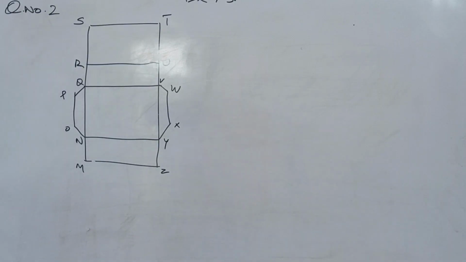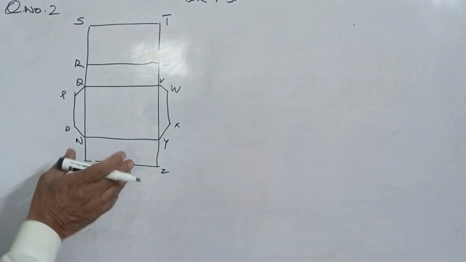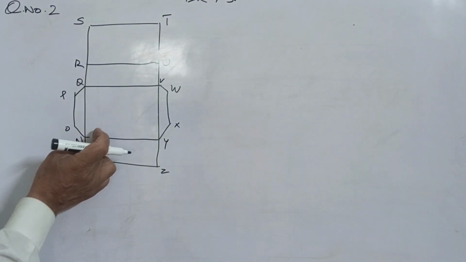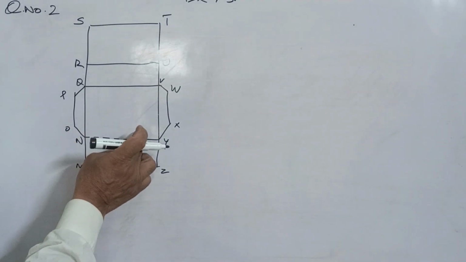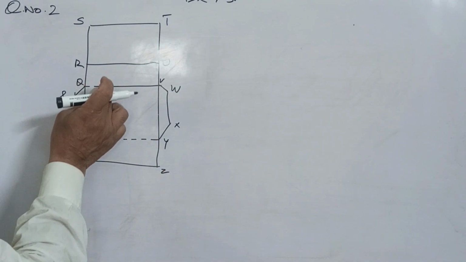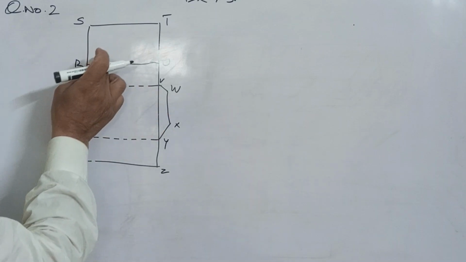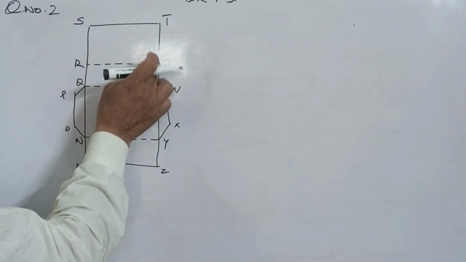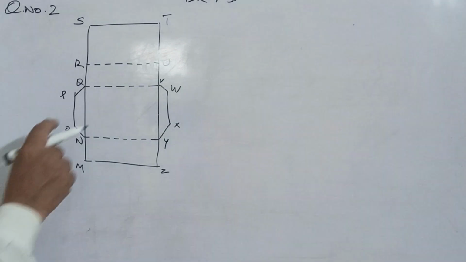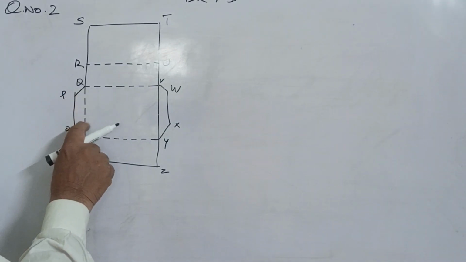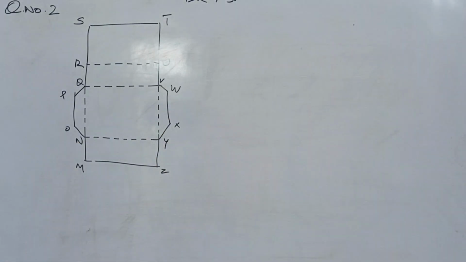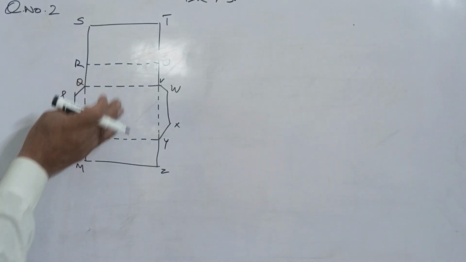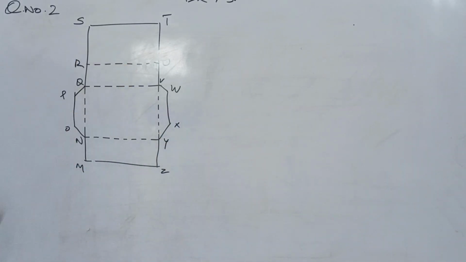Now what will we do? I am going to fold it from here, because this is a complete line given to you, regular. I'll fold it from here, because these lines show that. In your book the dotted lines are not given, a continuous line is given, so I have made it a dotted line. So I just fold it from here, from here, from here, from here, from here.